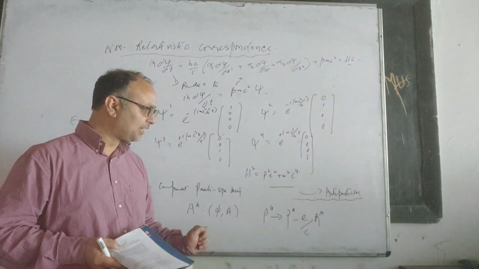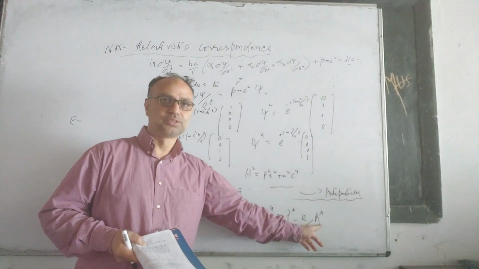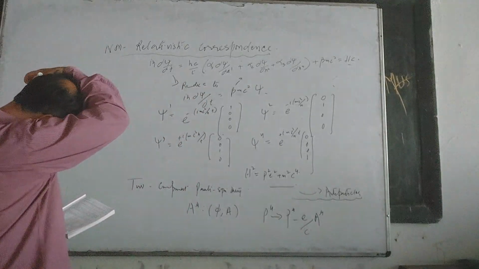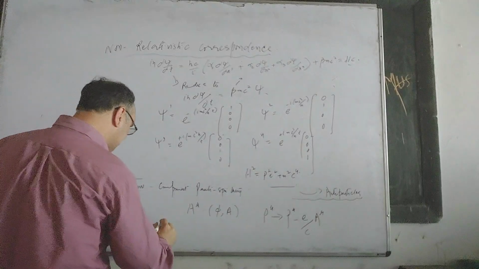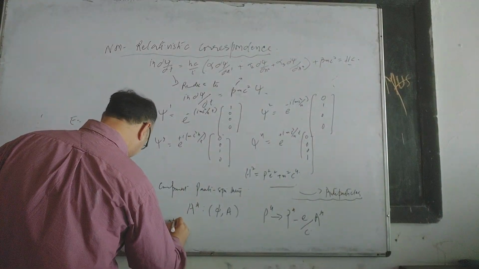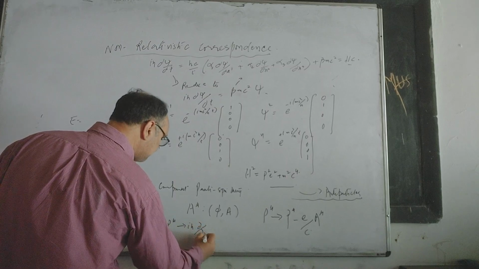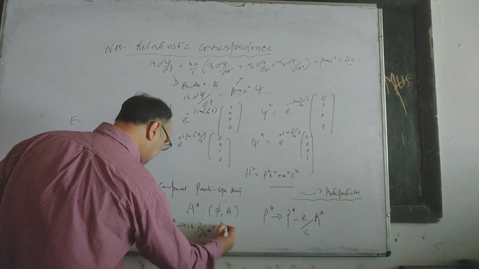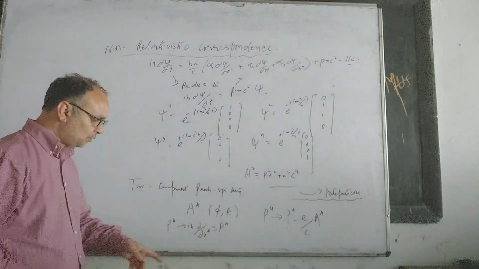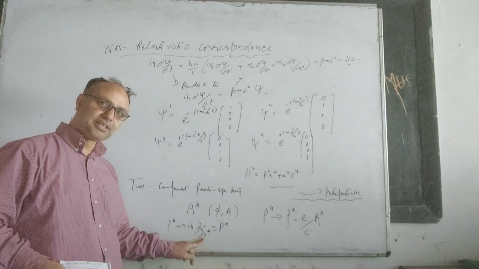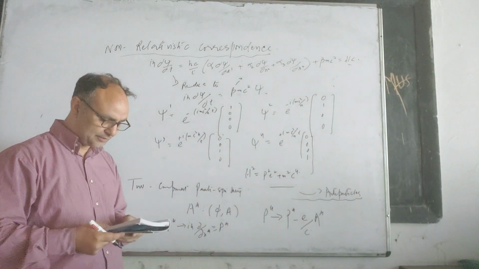It includes both phi and A. The momentum can be written like this, with index 0, 1, 2, 3, where 0 is the time derivative and the others are spatial.